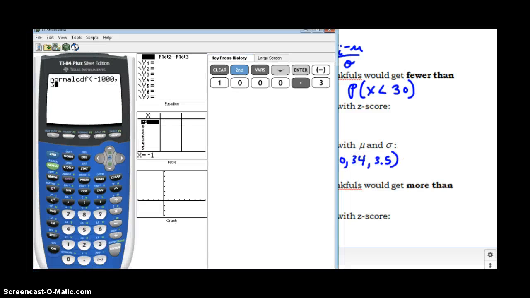Then 30, comma. Then our mean, which is 34. Then our standard deviation of 3.5. And hit enter. So we found our probability to be 0.127, because we would round up from our fourth digit.